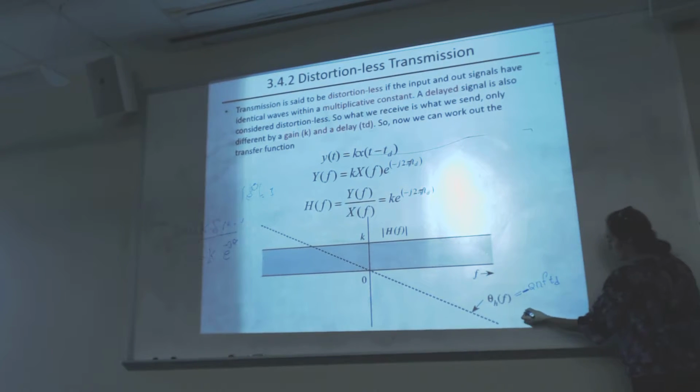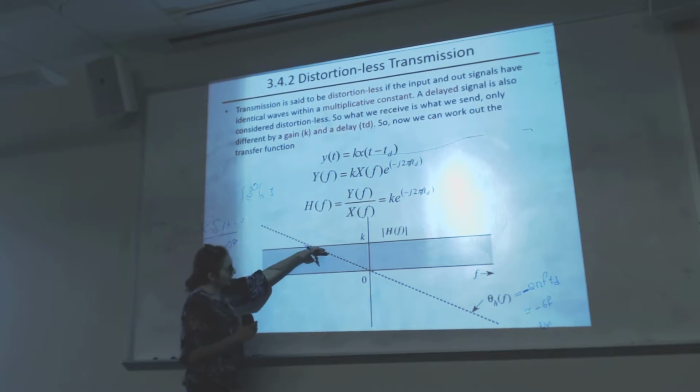For example, if my delay td is 1 and minus 2 pi is, let's say, 6, it becomes minus 6f. If you want to plot this, it's a line, because it's just a linear function of f.